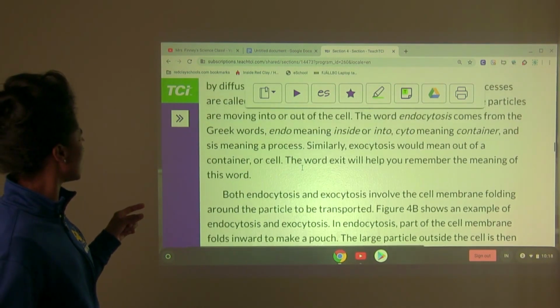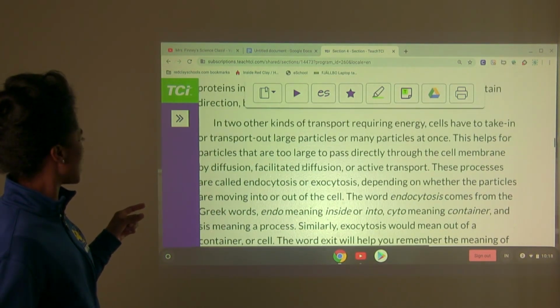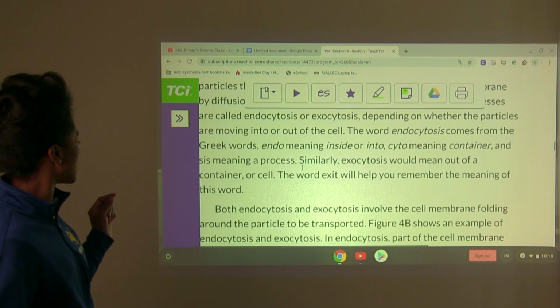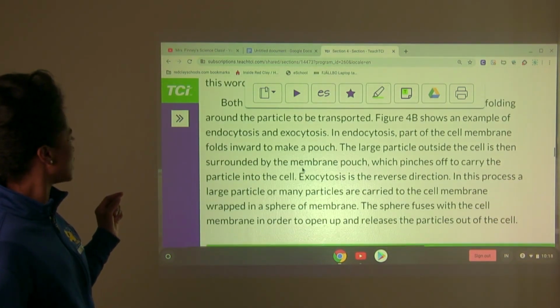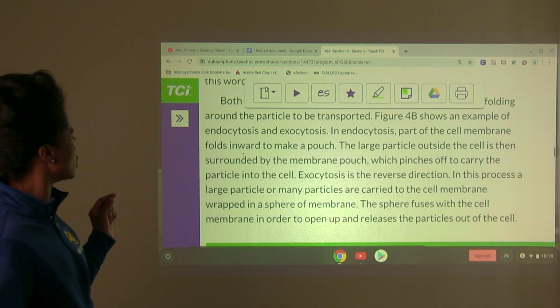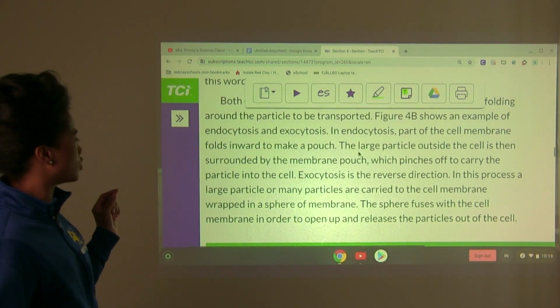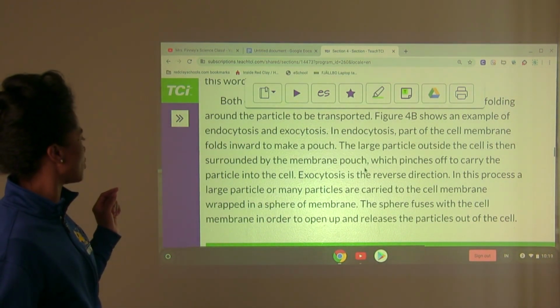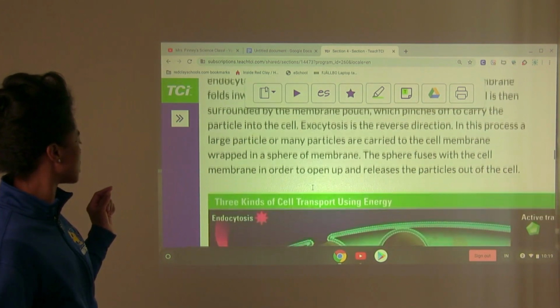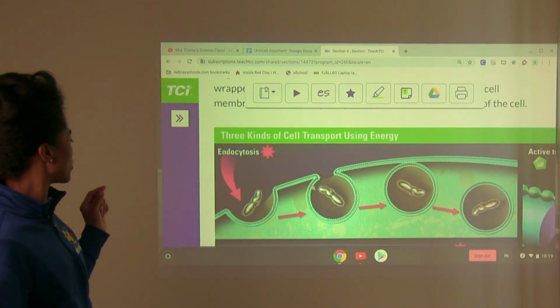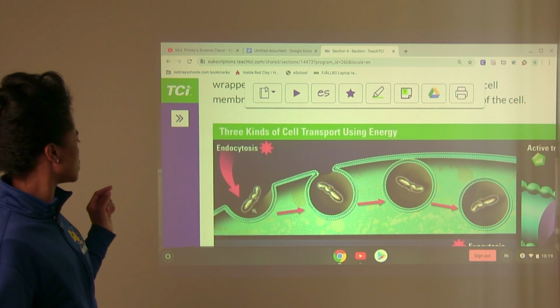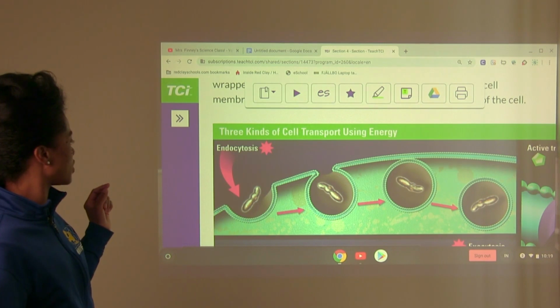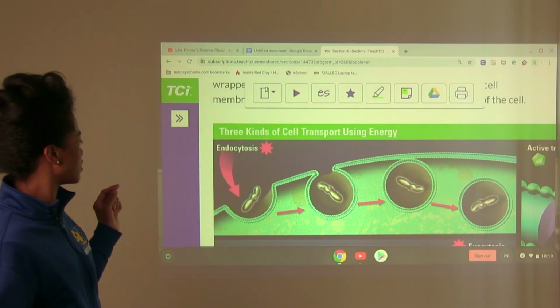All right, and so then we want to look at the next one, which I believe is endocytosis. Okay, in endocytosis, part of the cell membrane folds inward to make a pouch. The large particle outside the cell is then surrounded by the membrane pouch, which pinches off to carry the particle into the cell. Let's look at endocytosis. Okay, pushing through, pushing through. Okay, now the particle is inside of the cell.